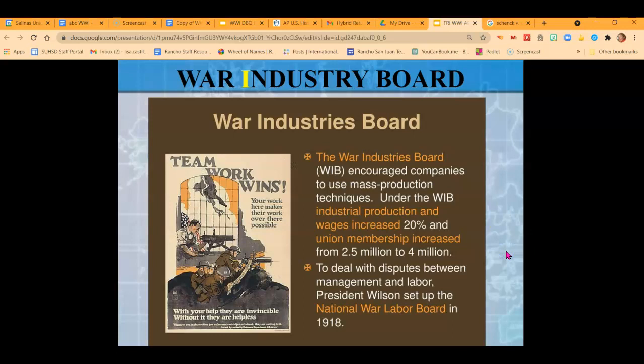Another I, this is a home front supporting the war thing in the United States, the War Industries Board, the WIB. It is going to be formed by the Wilson administration to help re-look at the economy. It's going to help businesses to make wartime products. It's going to set up quotas.